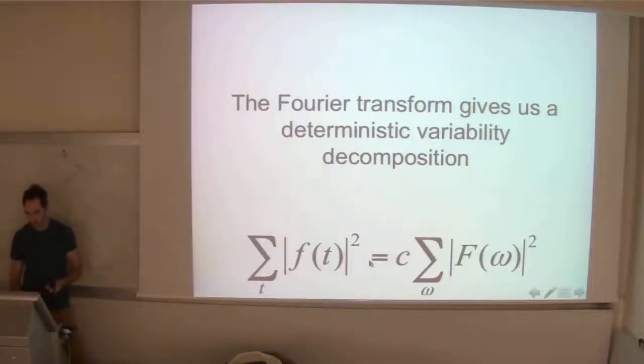And the nice thing is that the Fourier transform actually gives us a deterministic variability decomposition. Remember when we talked about decomposition of variables, noise and signals, and how to decompose them.